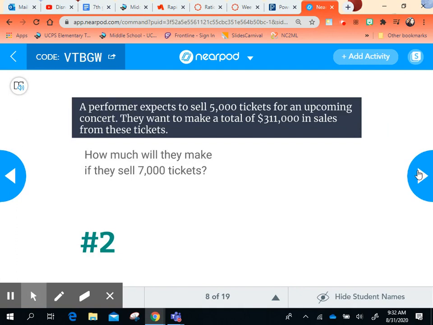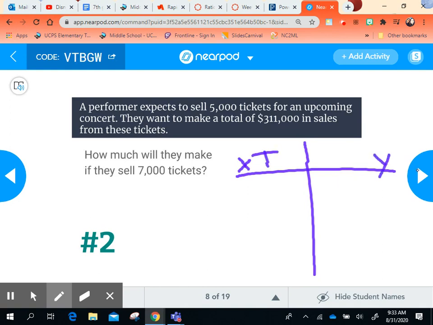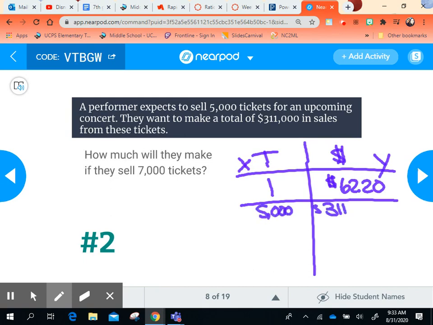Question number 2. So, you should already have your table written out. So we said X, Y, we have tickets, we have cost. One ticket is $62.20. 5,000 tickets are $311,000.